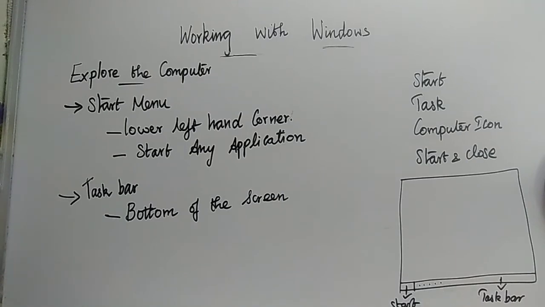The applications that you use frequently can be made available in the taskbar for you. Just by clicking that icon in the taskbar, that application will be automatically opened for you.